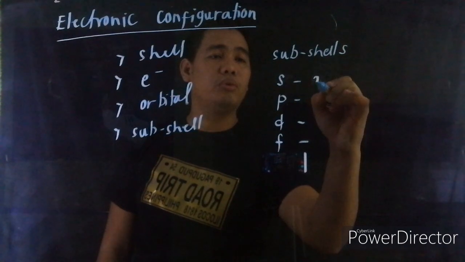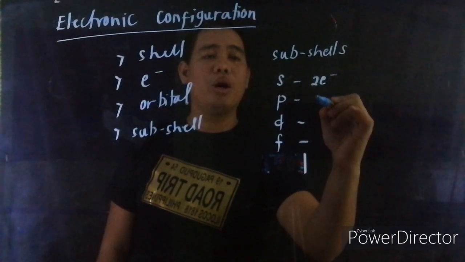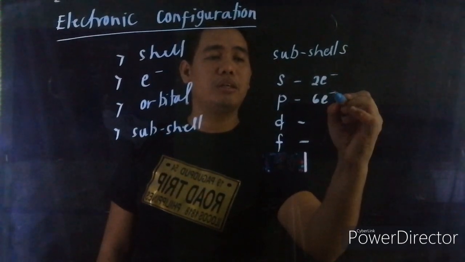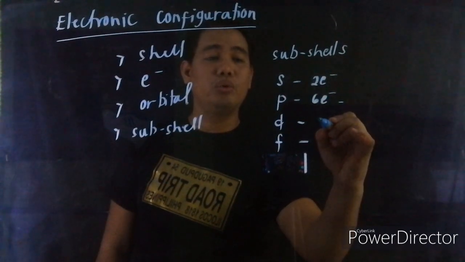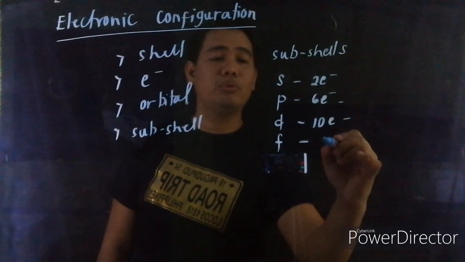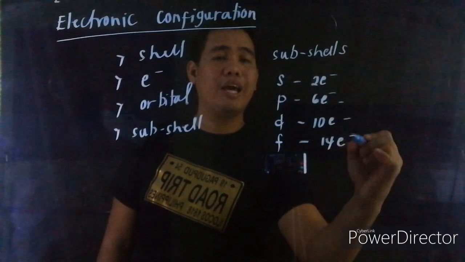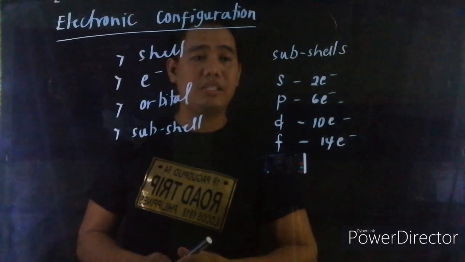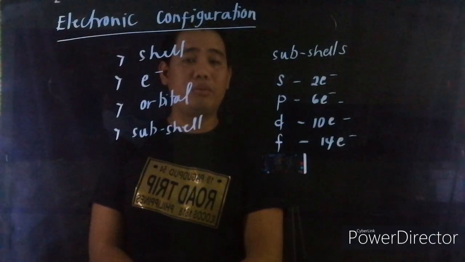S can hold only 2 electrons, while P can hold 6 electrons, D can hold 10 electrons, and F can hold 14 electrons. So that is the maximum number of electrons for every subshell.